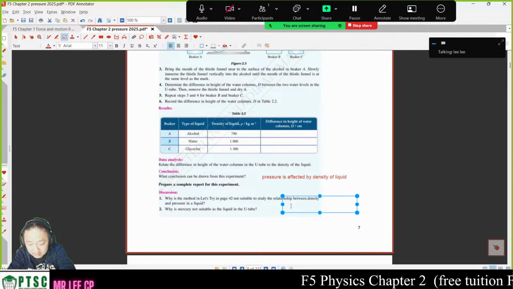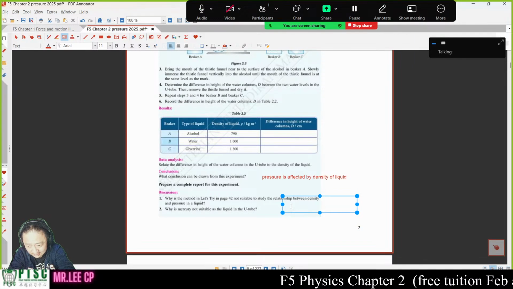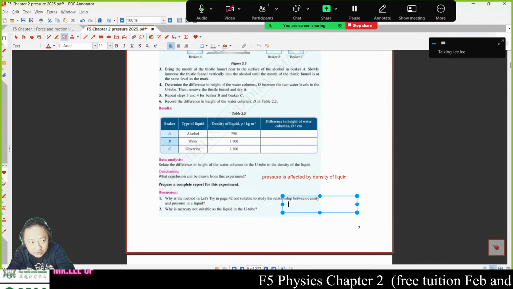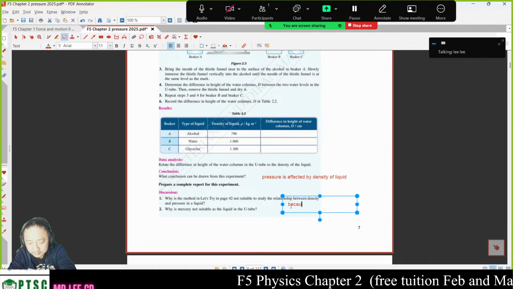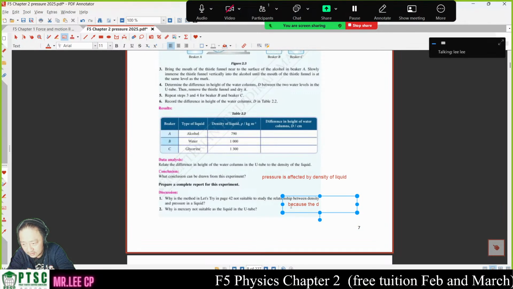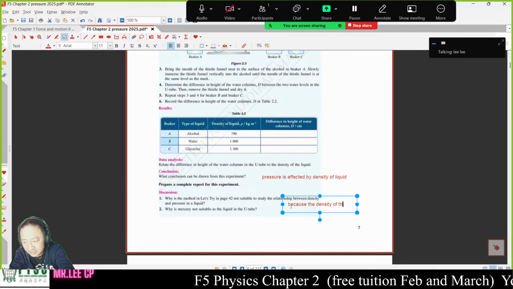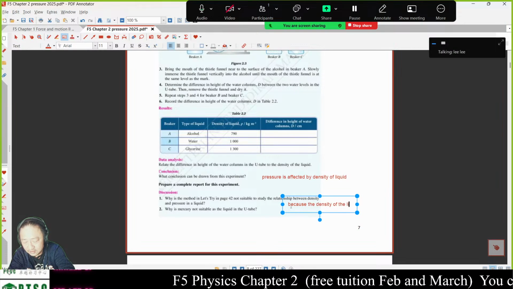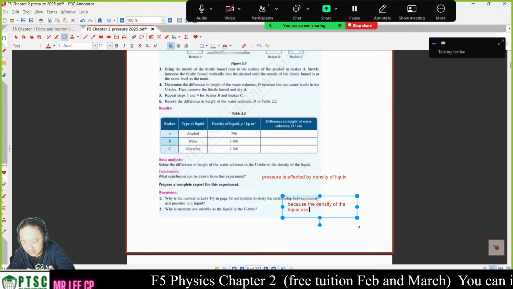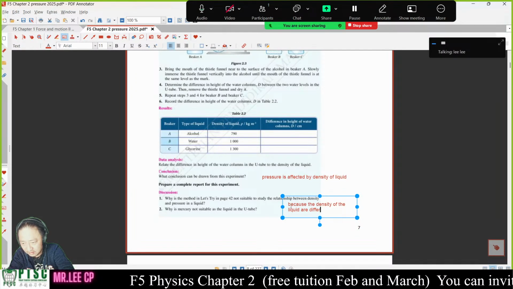Because the densities of the liquids are different.